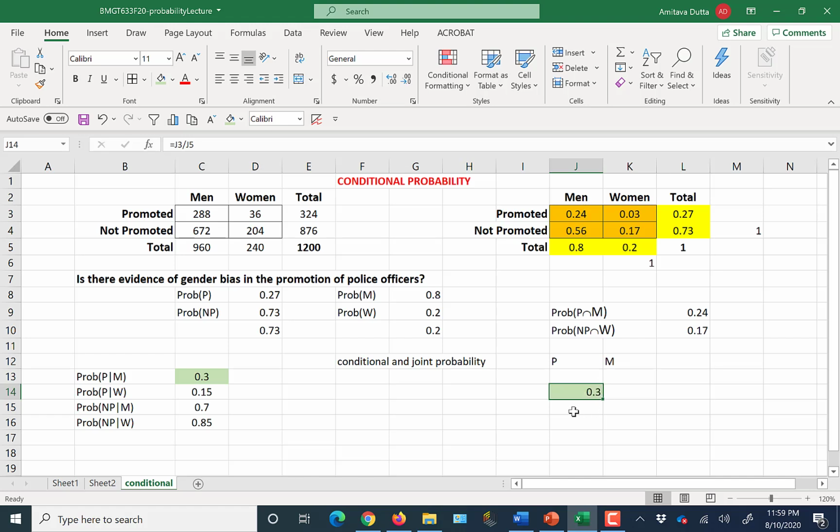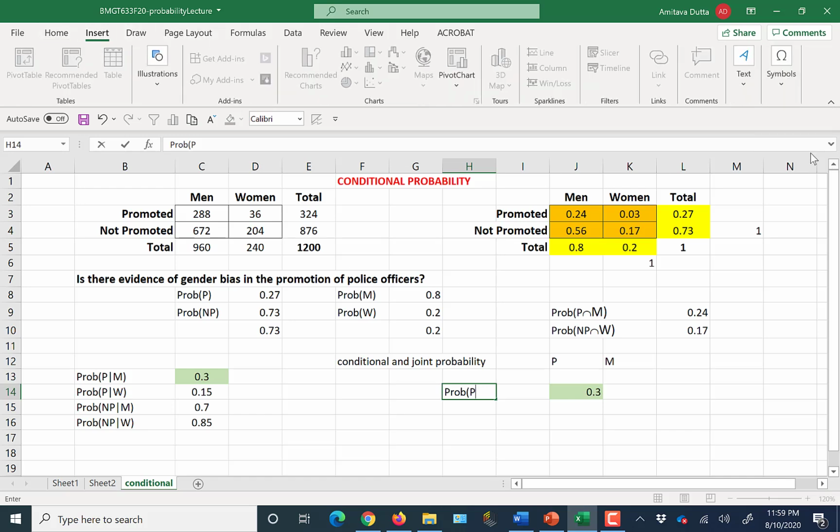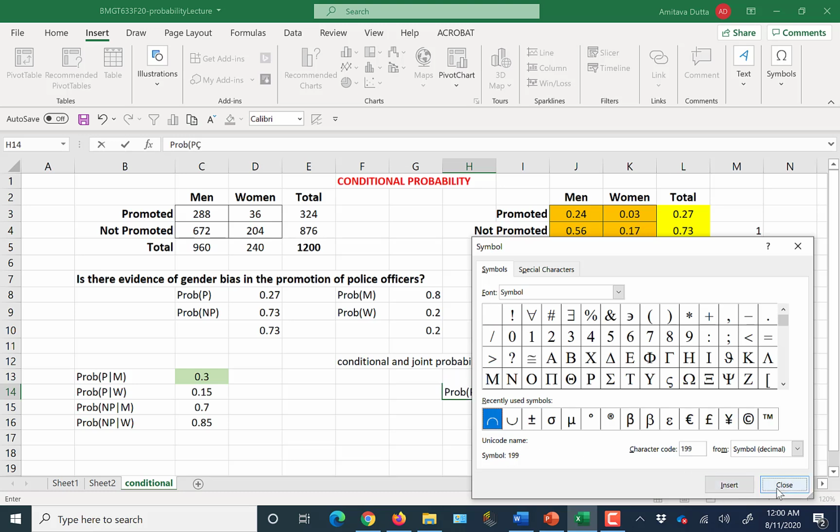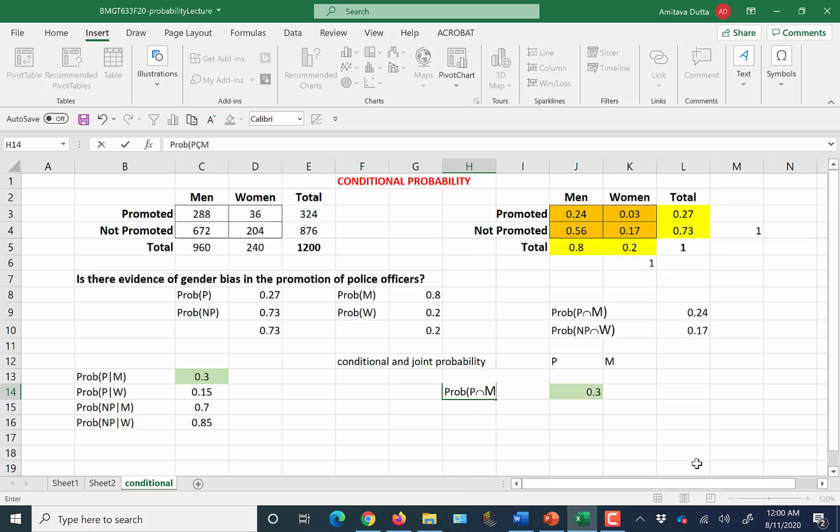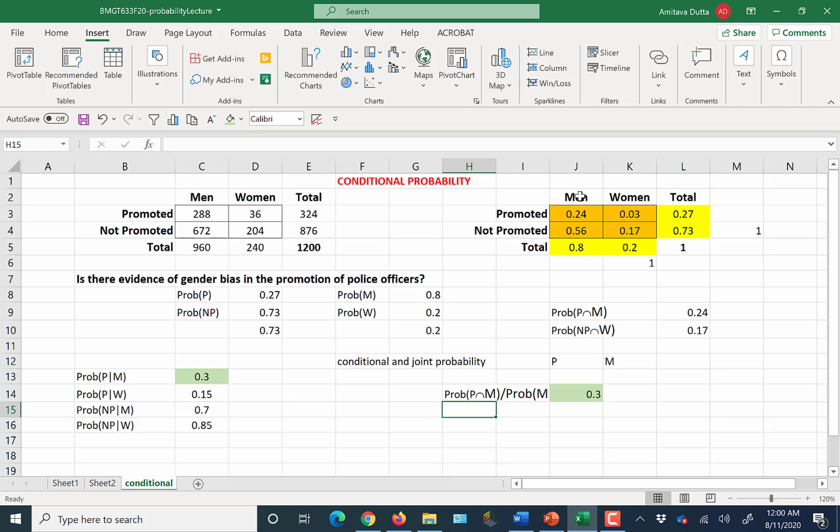So this 0.3, the way I calculated it is the probability of being promoted and male, that was your 0.24, divided by the probability of being male, this 0.8.